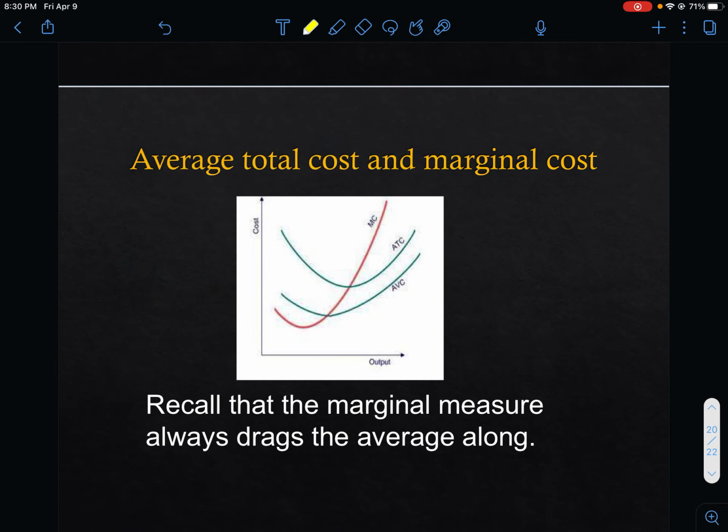All right, just two other things that I want to point out. One is to remind you about the relationship between average total cost and marginal cost, or basically any average measure and marginal measure. So we'll switch to blue so you can see it here. Marginal cost intersects the average total cost curve at its minimum point. Remember that, because the marginal measure always drags the average along.